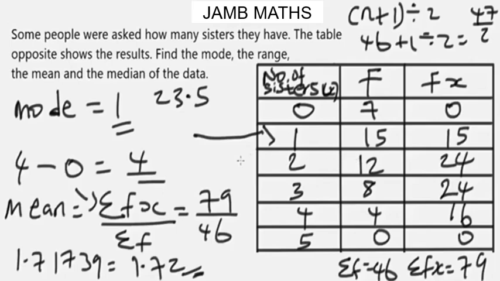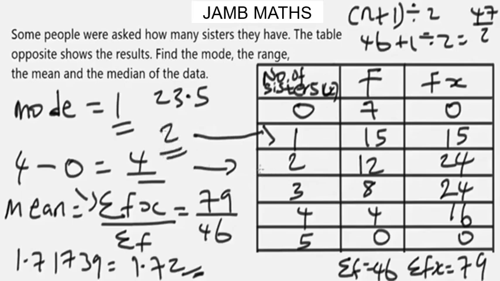So we need this frequency value of 12 to get in between 23. That means under this frequency of 12, the number of sisters is what? 2. Now this shows us that the median for this frequency table will be what? 2.